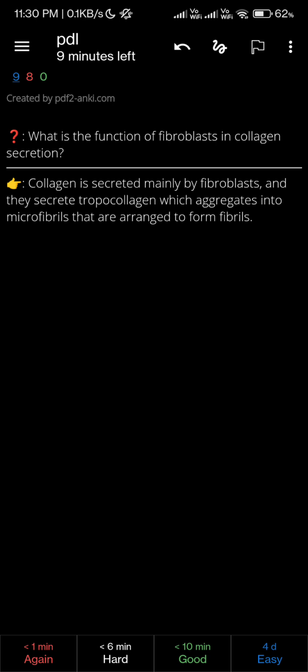They secrete tropocollagen, which aggregates into microfibrils that are arranged to form fibrils.